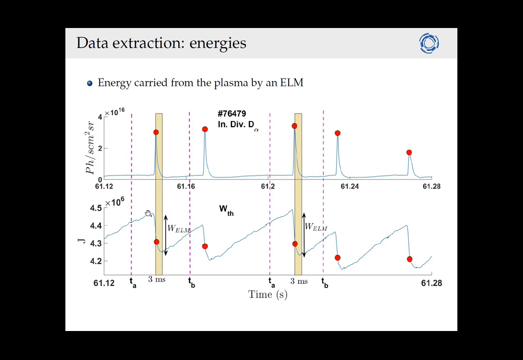If you look at that signal when an ELM occurs, here you have again that spectroscopic signal, you see that there is a drop in the total stored energy in the plasma, which is due to the ELM, of course, carrying some of the energy of the plasma outside, out of the plasma. And for each ELM, we're going to measure how large that drop of energy is. Okay, so we have the time between ELMs, and we have the drop of energy of the ELMs.